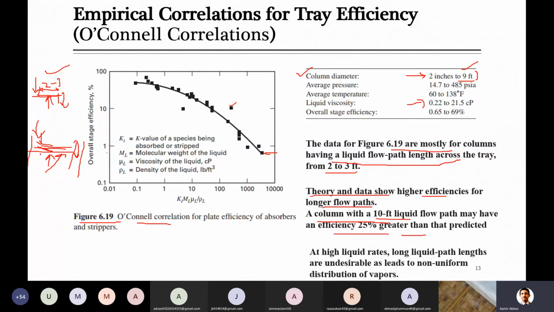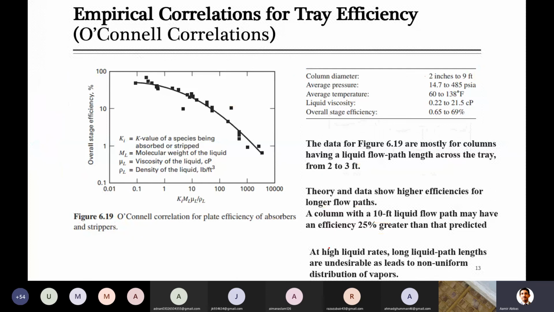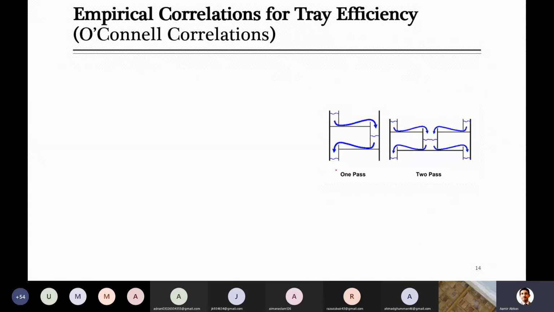So when vapor starts moving towards that side where there is less resistance, less liquid, that means they are not uniformly distributed throughout the tray. When they are not uniformly distributed, then definitely the contact between liquid and vapor will not be good and efficiency will be decreased.